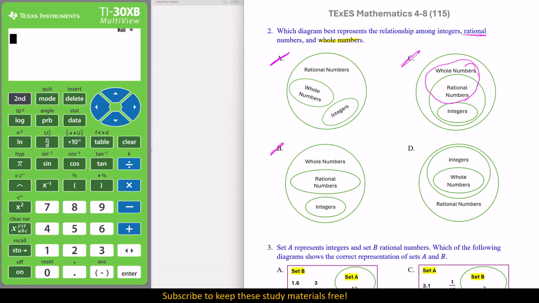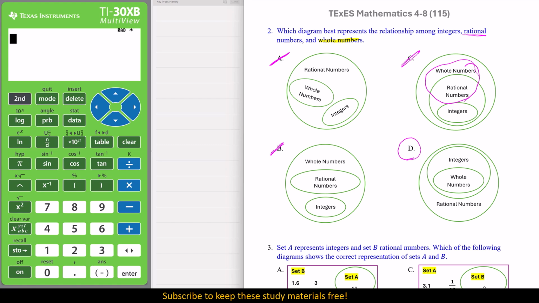So let's cross our fingers and hope D is correct. D is saying whole numbers are a subset of integers. I agree with that. And then it says integers are a subset of rational numbers. I absolutely and totally agree. Okay, let's go to the next item.